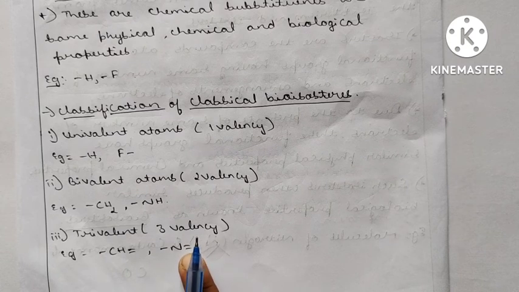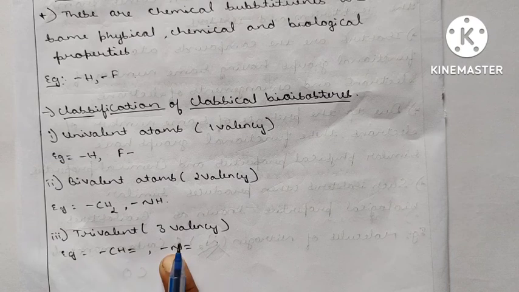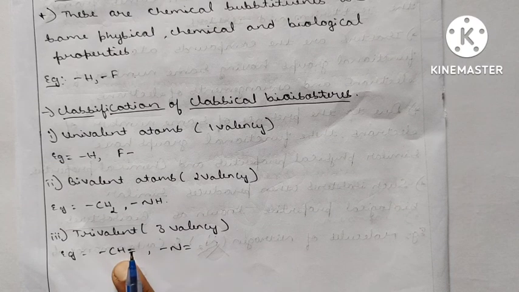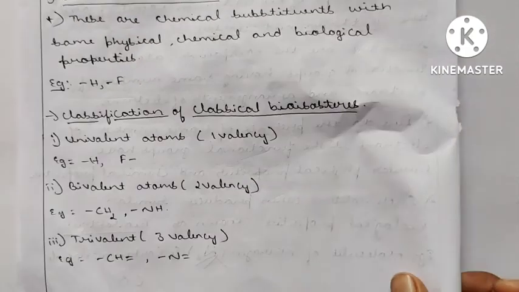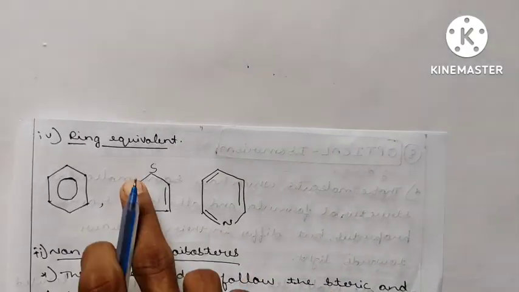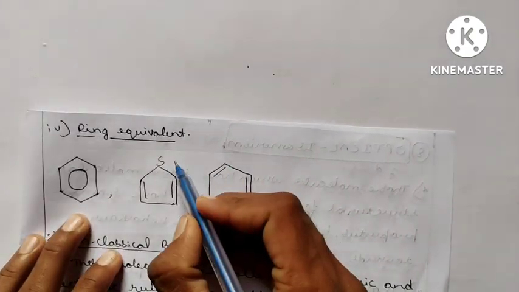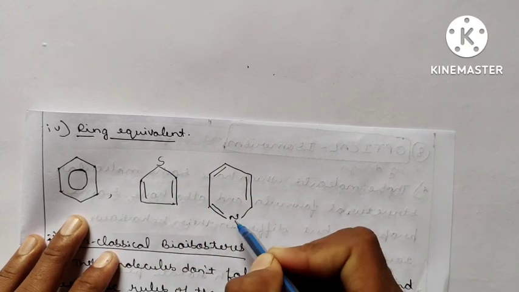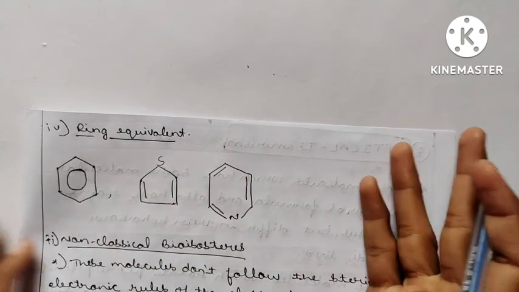Here if we attach 3, CH has a valency of 3, N also has 3 valence, so it is known as trivalent. Now this ring is equivalent, the same. If you substitute S sulfur for N, then the action of both the drugs is the same.